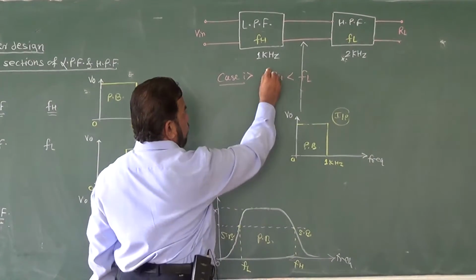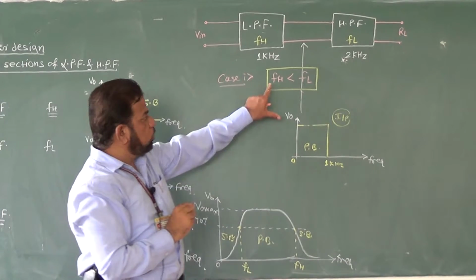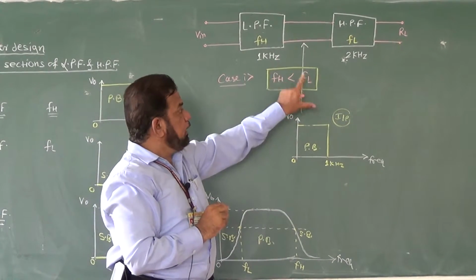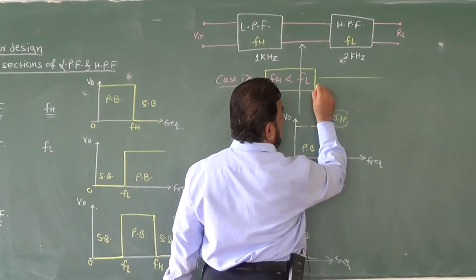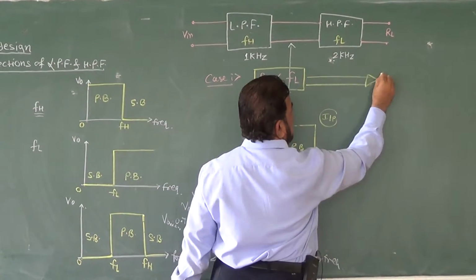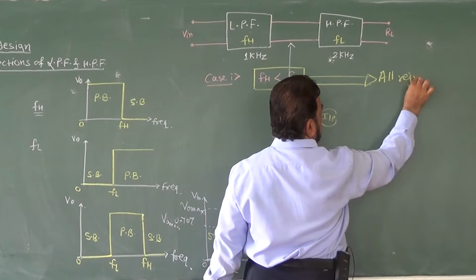So if the cutoff frequency of the low pass filter is less than the cutoff frequency of the high pass filter, what results is an all reject filter.